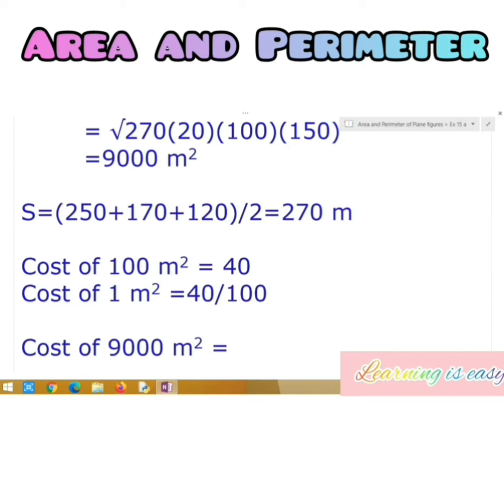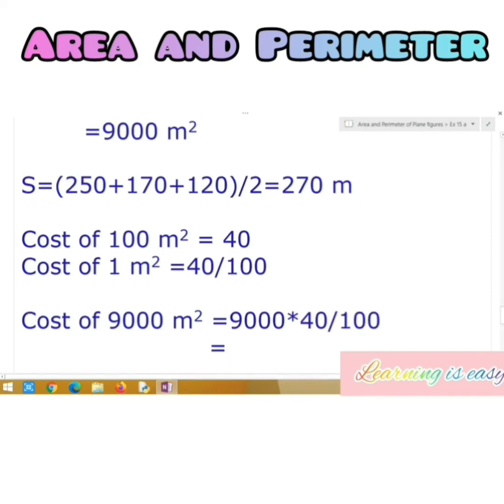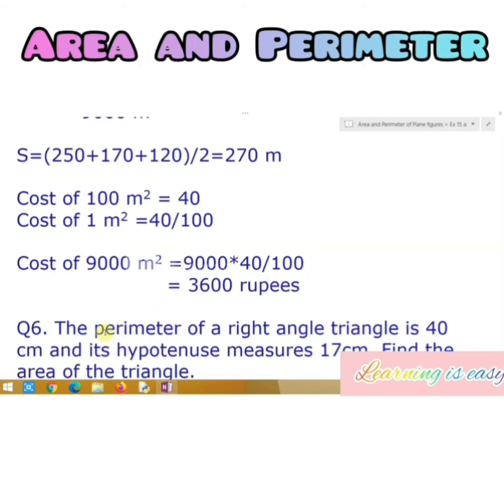So that's going to be 9,000 into 40 by 100. That gives 3,600 rupees. So cost of covering up the entire triangular field area is 3,600 rupees.